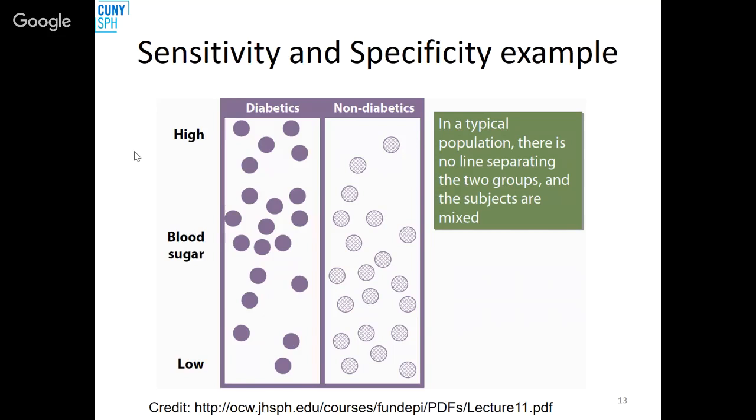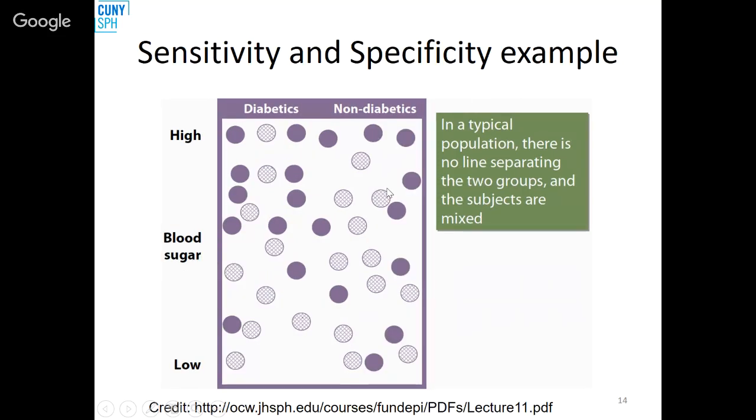So just to start giving some more idea of the complexity of a real-life screening test, in a typical population, there's no line separating these groups and they're mixed. So outside of our nice case control study where we knew they're 50-50, all we have is patients coming in.